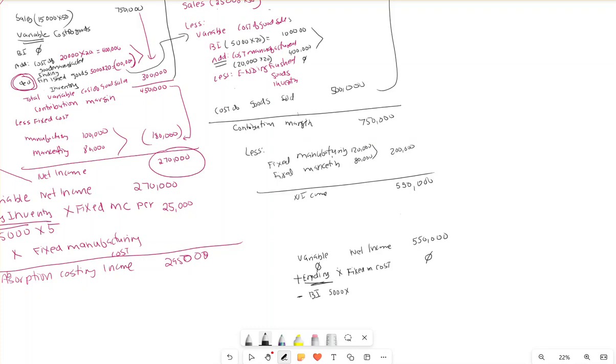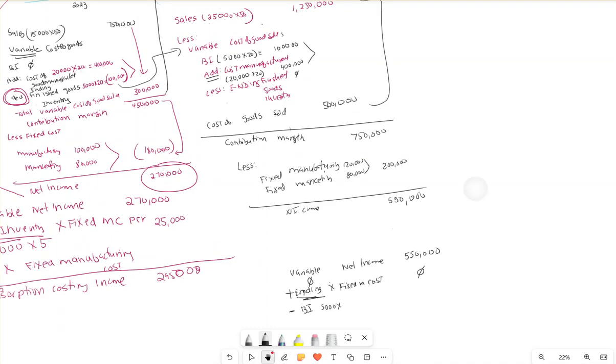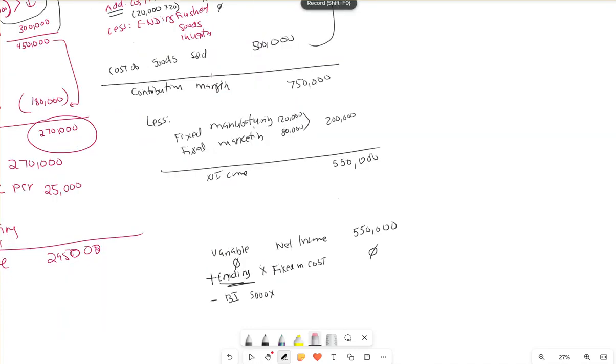So that will be my 5, multiplied by 5, which is 25,000. If it's an ending, you're going to be adding it. If it's a beginning, you will be subtracting it.